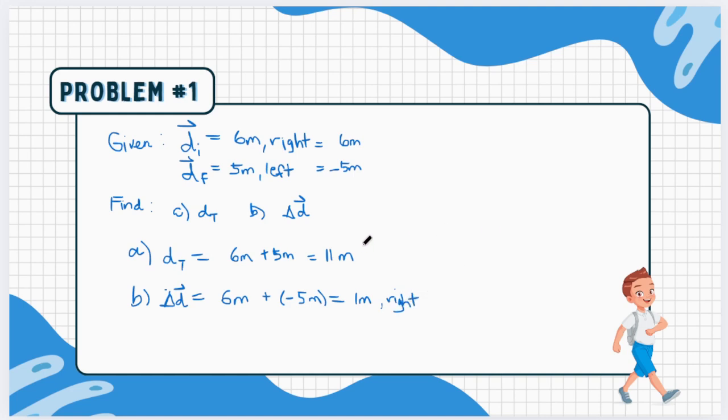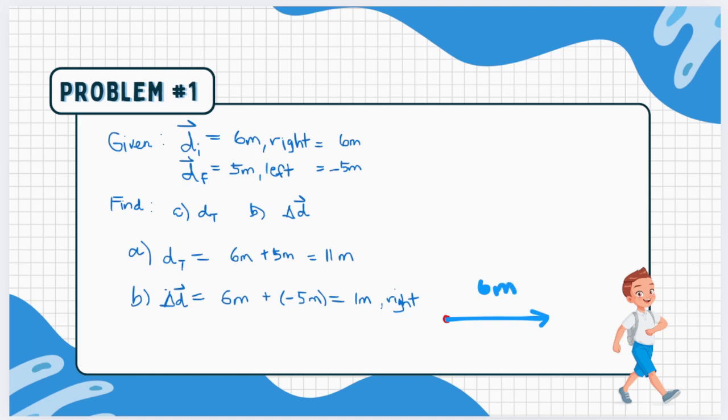Okay, pasensya na po sa sulat ko. So, pag drawing natin yan, for example, nandito po yung ating initial position. So, ang ginawa po ay nag-walk siya towards the right for 6 meters.